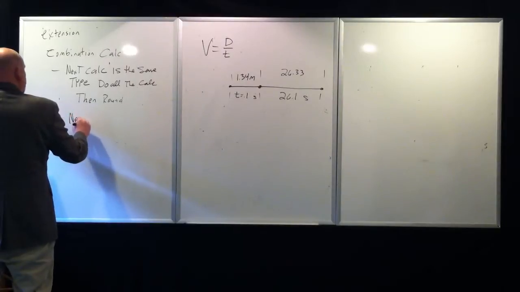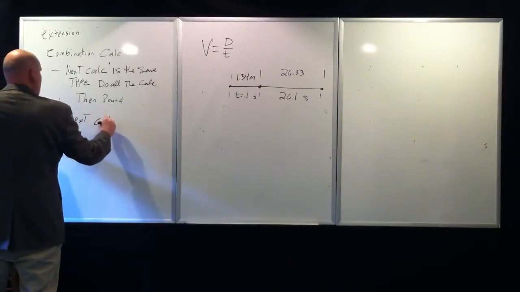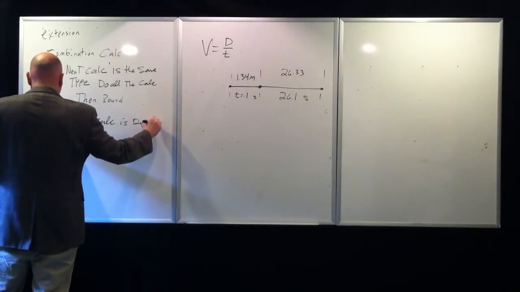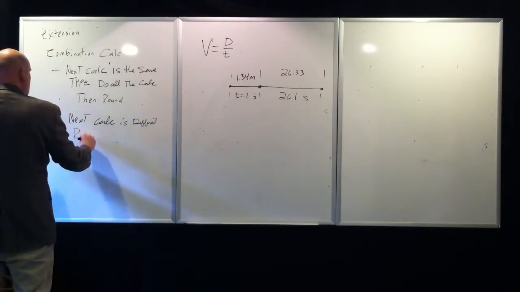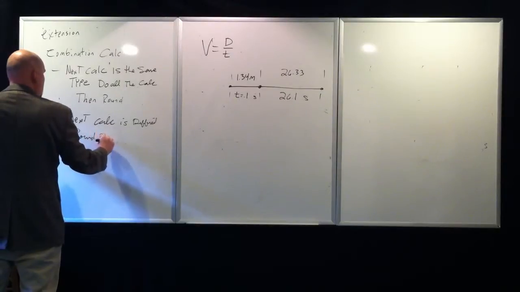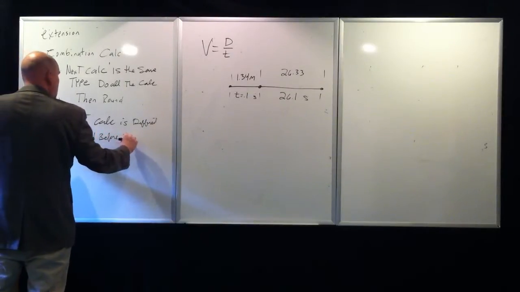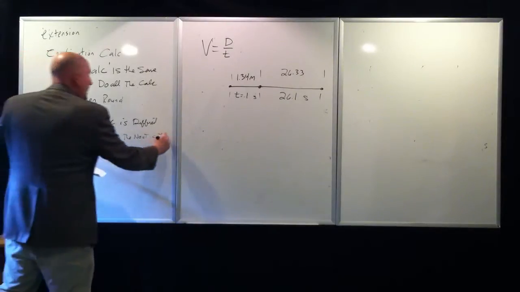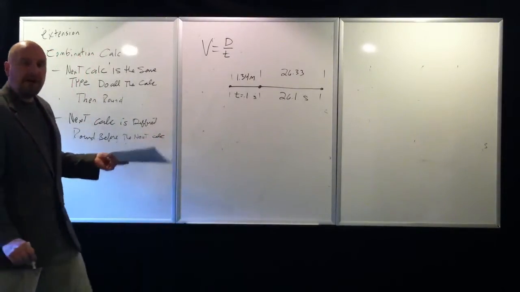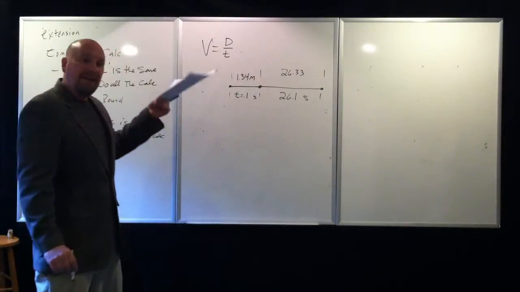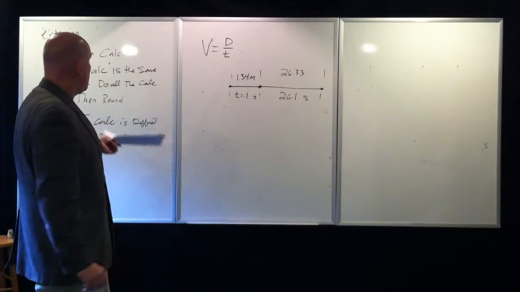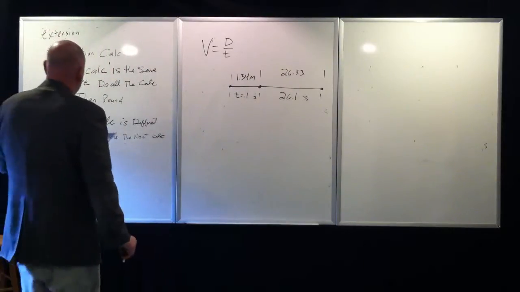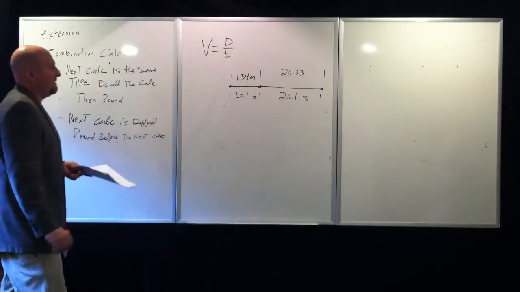So if the next calculation is different, so if you add a bunch of numbers and then have to divide, you round after adding following the correct rule, and then do your division, and then round again. So the next calculation is different, round before the next calculation.